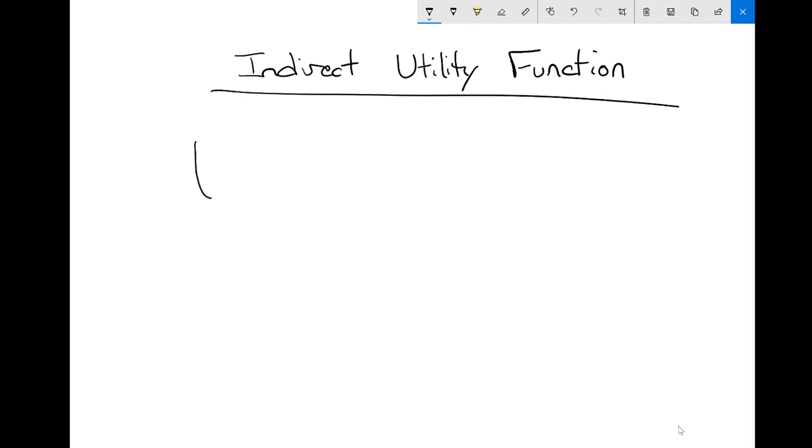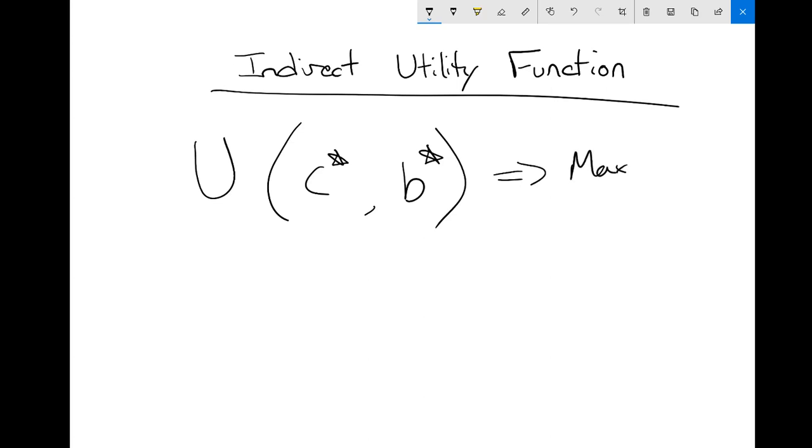Okay, so our indirect utility function is where we have our utility function and then we plug in the optimized values. This is going to give us the max utility. This is the max utility that is achieved given the utility maximization problem that we completed.